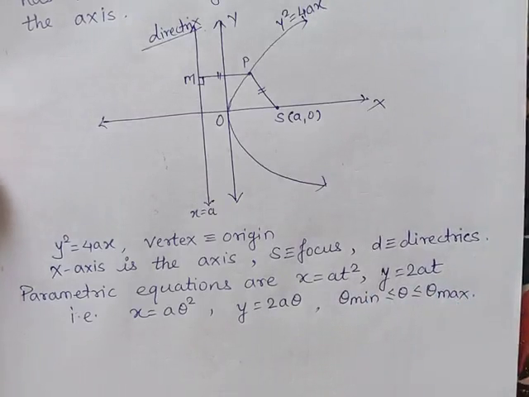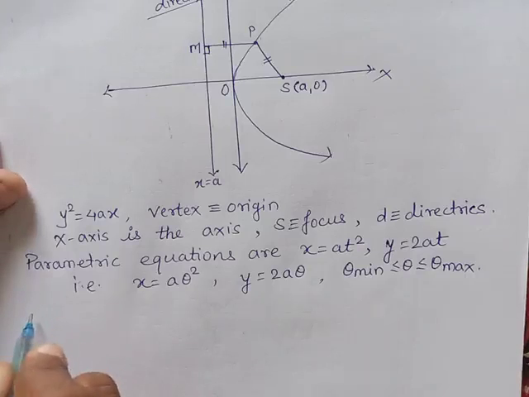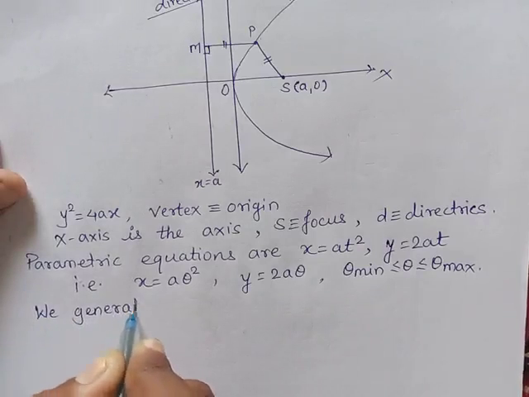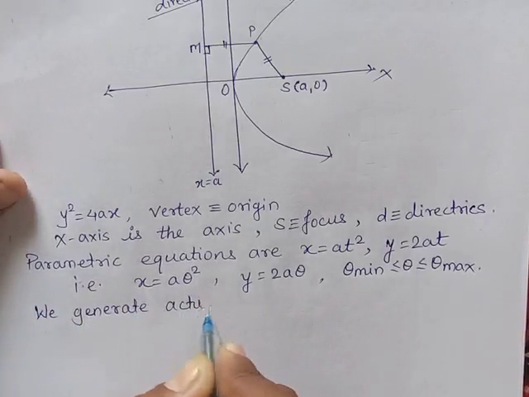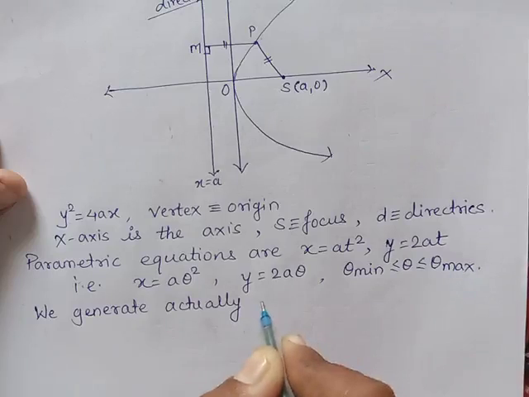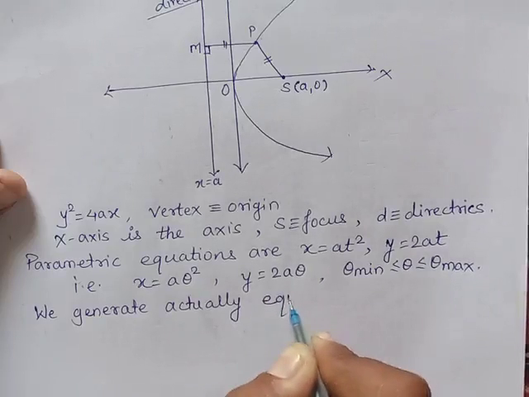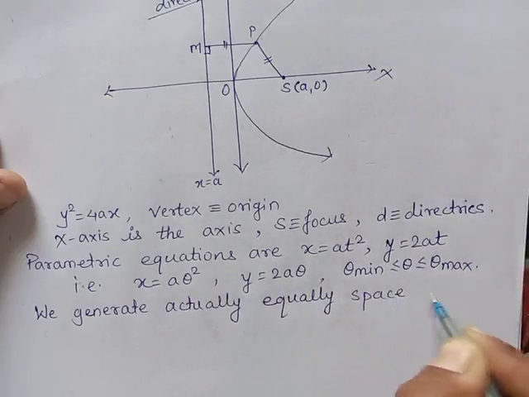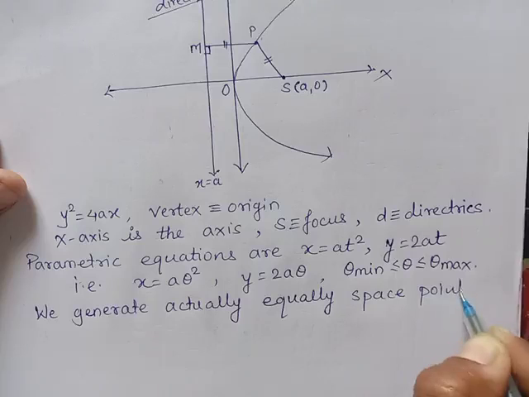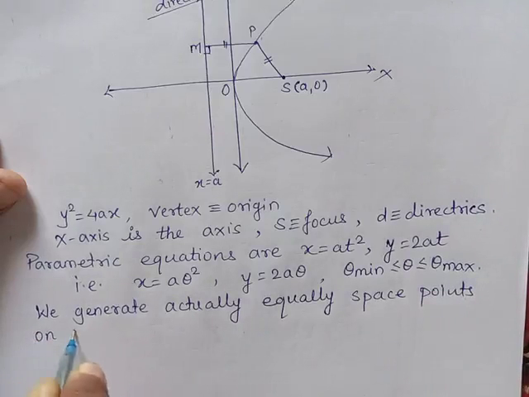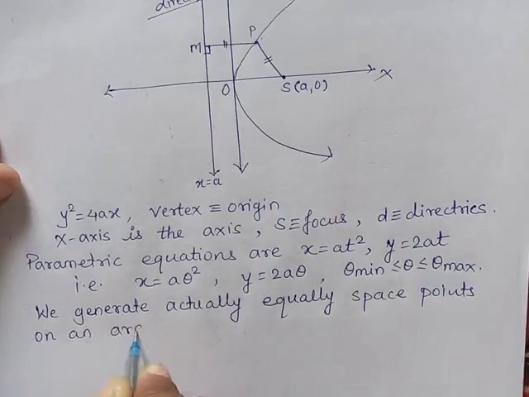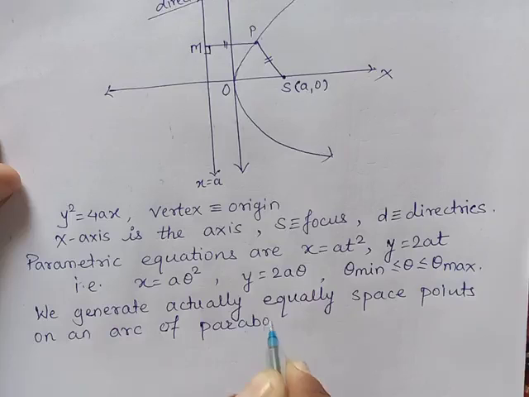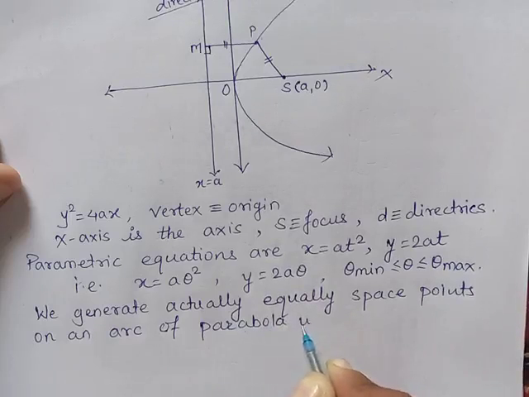We generate equally spaced points on an arc of parabola, on an arc of parabola in the first quadrant.